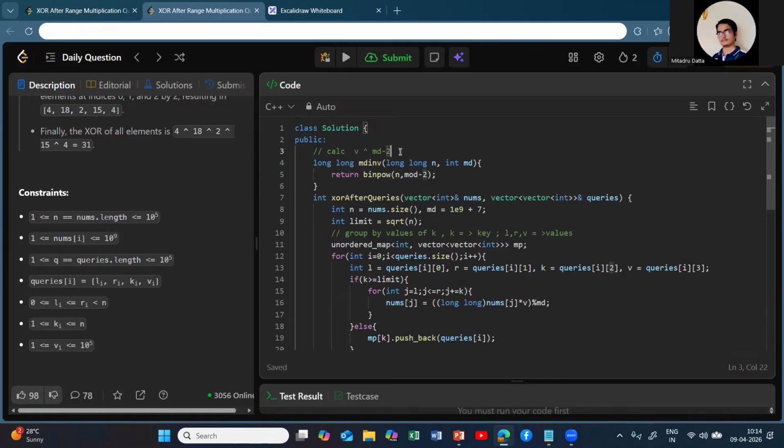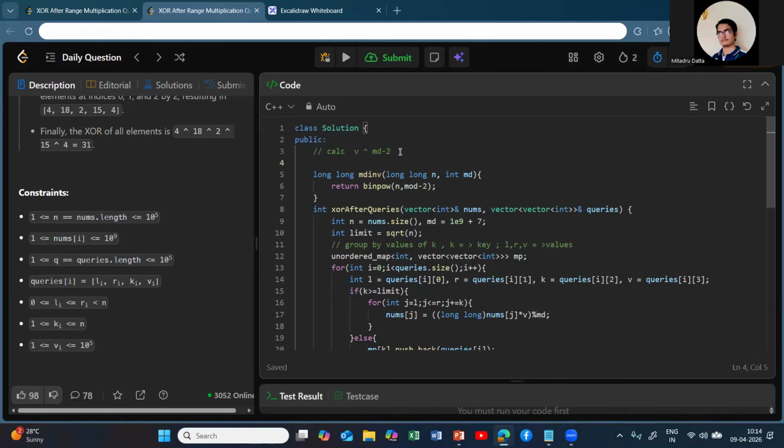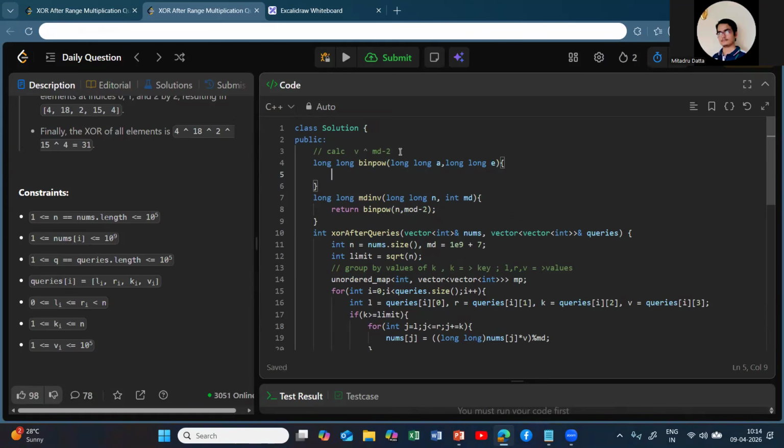You have to do it in a binary exponentiation fashion, which takes log n time to multiply. So binary exponentiation of, let's say, a to the power e. I am just calculating a to the power e.